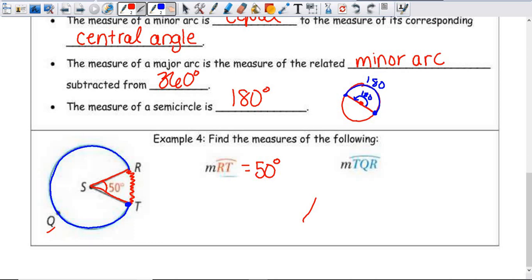It would be equal to this whole angle that is left over. A total circle is 360, minus the 50 you know about, to get 310 degrees. So if this whole blue angle is 310 degrees, it means this blue arc TQR is 310 degrees as well. A circle has 360 degrees. We know that already.